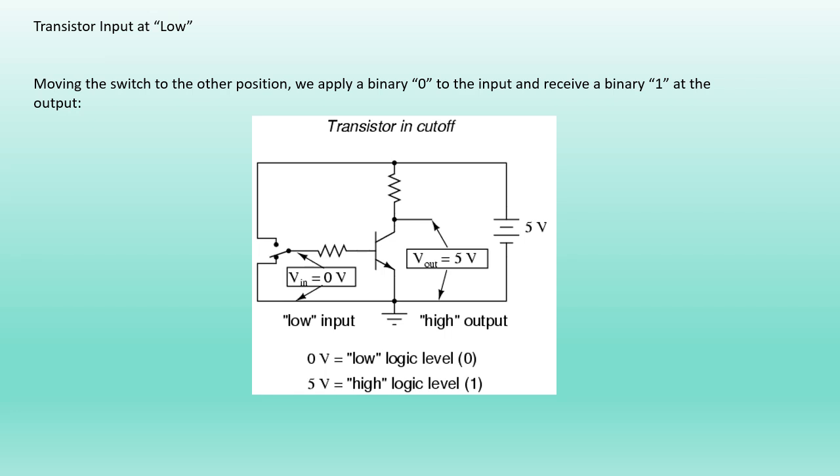Whenever we give a high input voltage, we get a low output voltage, and whenever we give a low input voltage, we get a high output voltage. This is equivalent to a NOT gate.